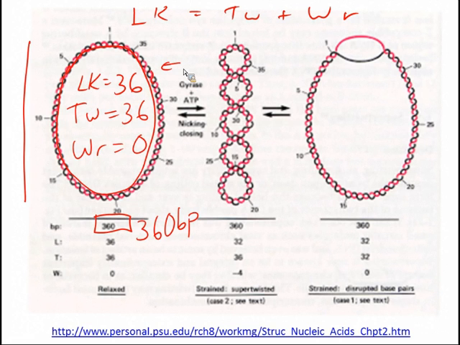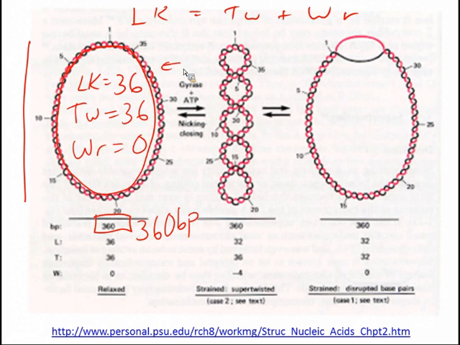For simplicity, we are going to assume that the salt conditions are about 10 base pairs per turn, and so since we have 360 base pairs, if we divide through by 10, 360 divided by 10 gives us a twist of 36. And so we'll assume salt conditions of about 10 base pairs per turn, but usually it's a little bit higher than that. Integers are just so nice to divide through by, though.